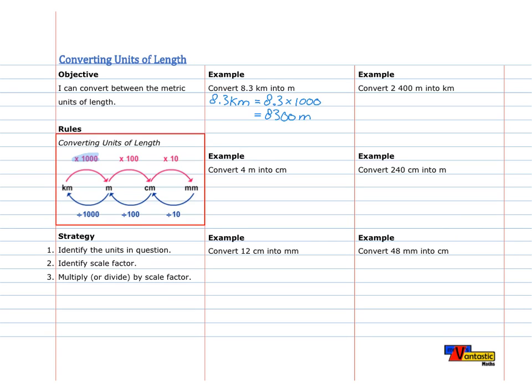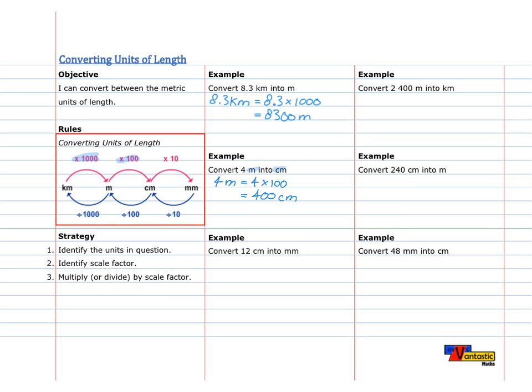In our next example, we want to convert 4 meters into centimeters. Going over to our diagram, we can see that going from meters into centimeters, we are going to multiply by 100. Our calculation then is 4 meters is equal to 4 times 100, which is 400 centimeters.